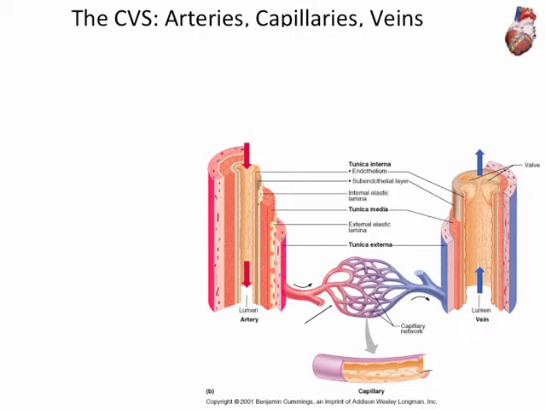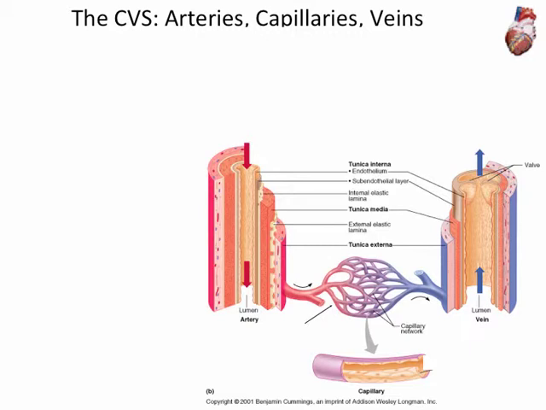That subendothelial layer is usually a loose connective tissue that is sort of a membrane or some sort of floor that the endothelial cells sit on. And then also within the tunica interna, but only in the arteries, is this structure called an internal elastic lamina.